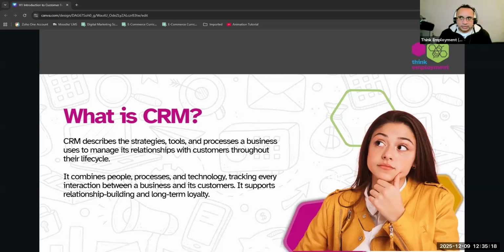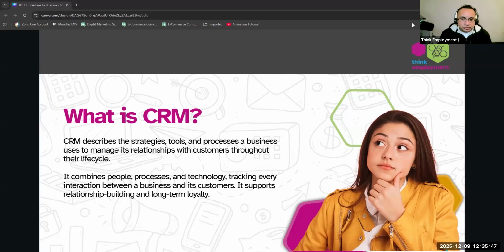In your case, your customer could be potential employees. So your customer is different from somebody else's customer, who may be purchasing a product, but CRMs will still work for you. You'll have a specific CRM, or you may have to customize a CRM. But we'll go in depth and understand what CRMs are and how they work.